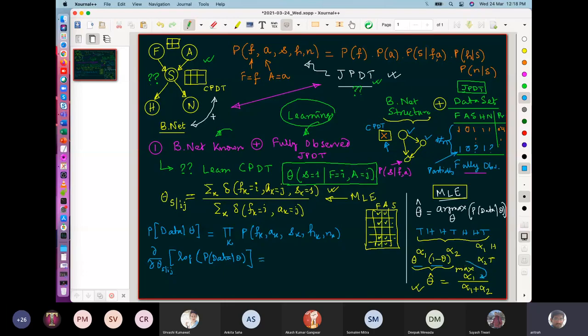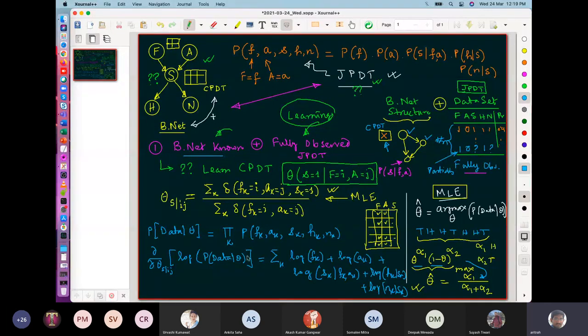Similarly, if you go on doing this, you will automatically see that, depending on the Bayesian net, because the Bayesian net is known to us, this is nothing but the summation over k of log fk plus log ak plus log sk given fk comma ak plus log hk given sk plus log nk given sk.